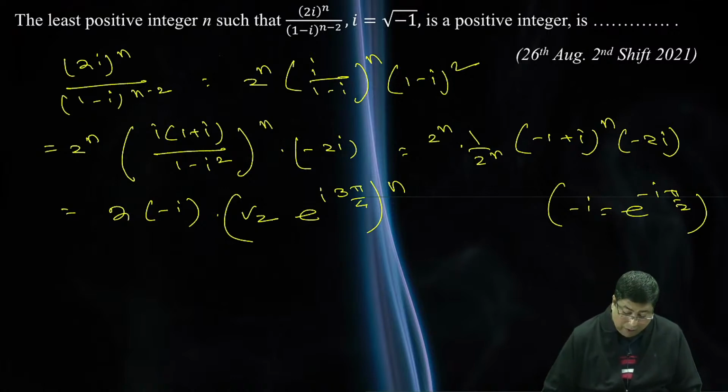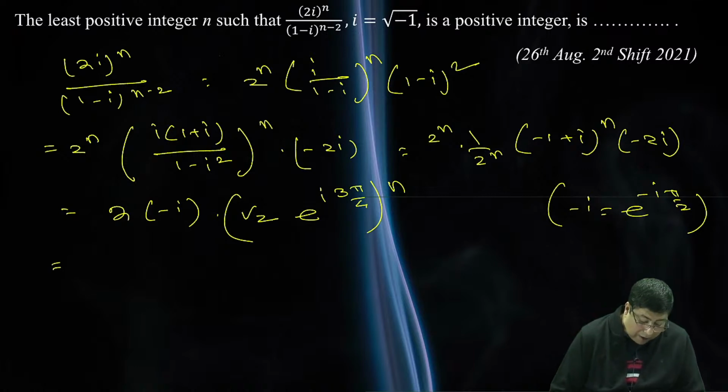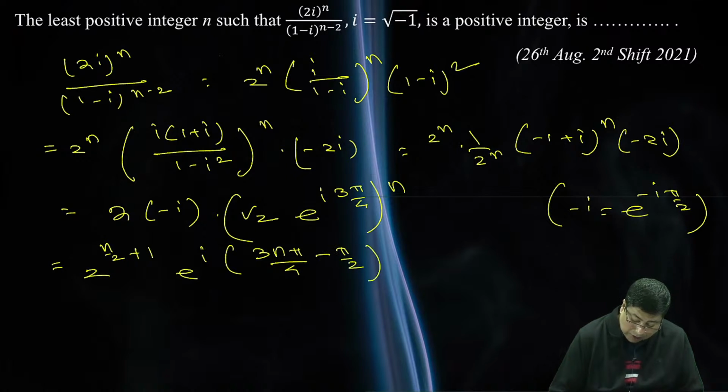So e^(-iπ/2), and if we calculate, we are getting directly 2^(n/2 + 1) into e^(i(3nπ/4 - π/2)), because i into -i.